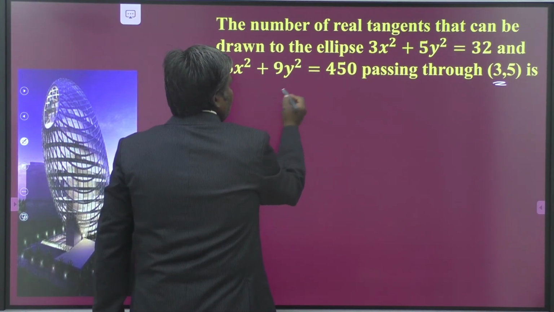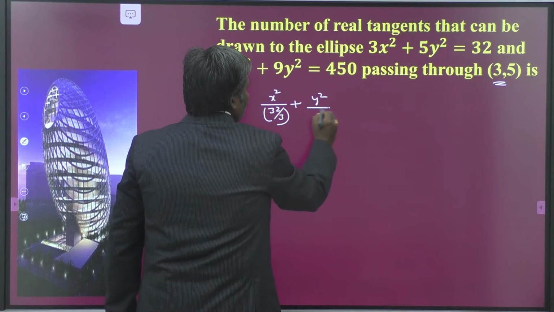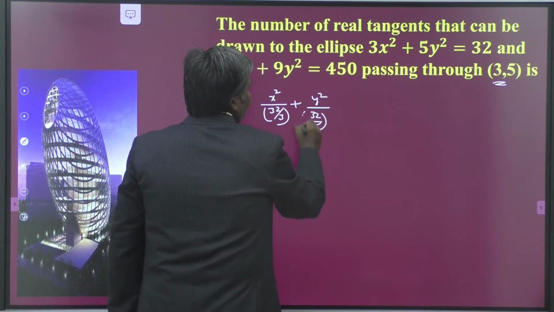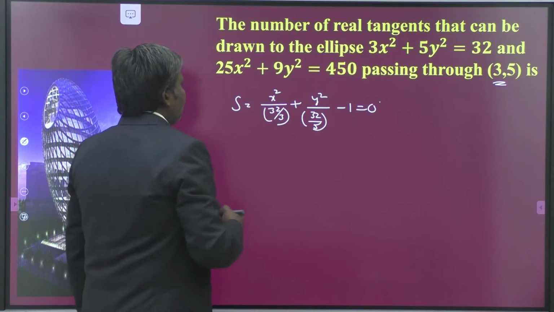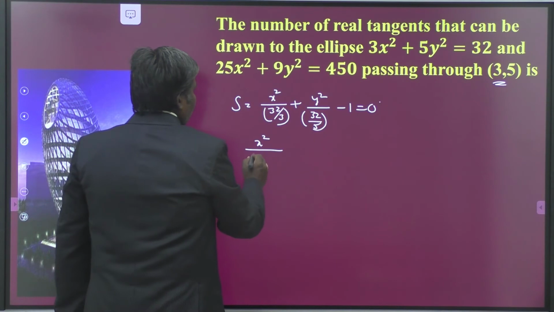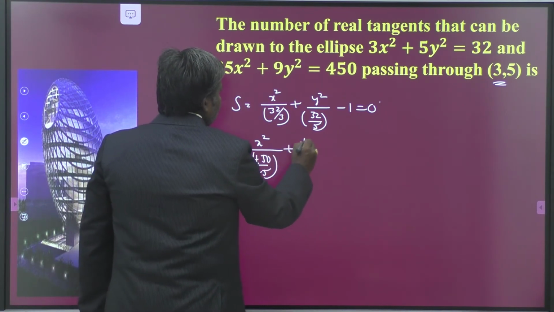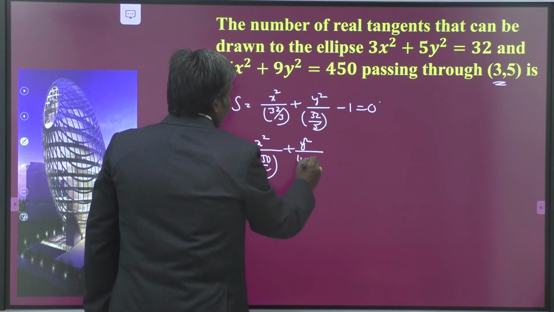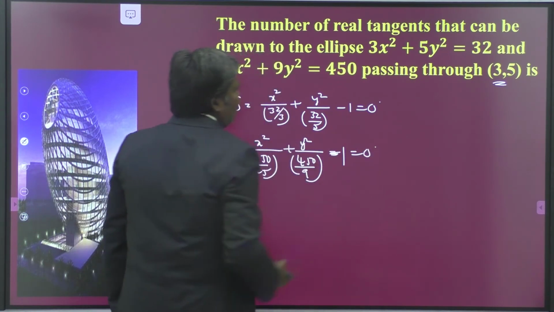So this is the ellipse x square by 32 by 3 plus y square by 32 by 5 minus 1 equal to 0. This is the first ellipse, and the second ellipse is x square by 450 by 25 plus y square by 450 by 9 minus 1 equal to 0. This is the second ellipse.